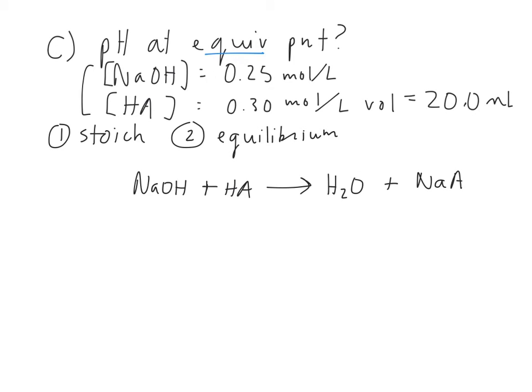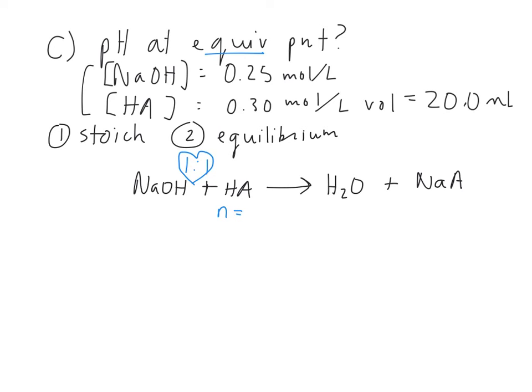And here's what's happening, okay? The definition of equivalence point is these are in stoichiometric amounts, okay? And because this is a 1-to-1 ratio, stoichiometric amounts would be exactly equal molar amounts. I already calculated the moles of the weak acid that I have, which is just based on the concentration and the volume.